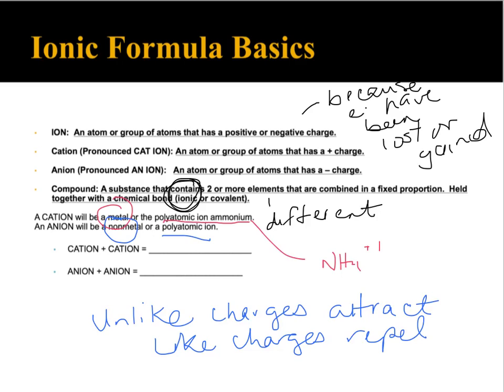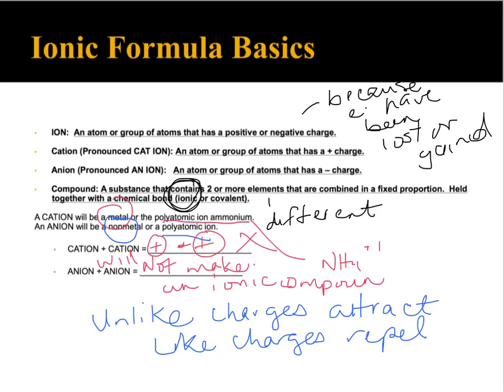For example, when you have a positively charged cation coming together with another positively charged cation, you're not going to get anything, no compound. Now, two anions, so two nonmetals, can come together, but they will not make an ionic compound.